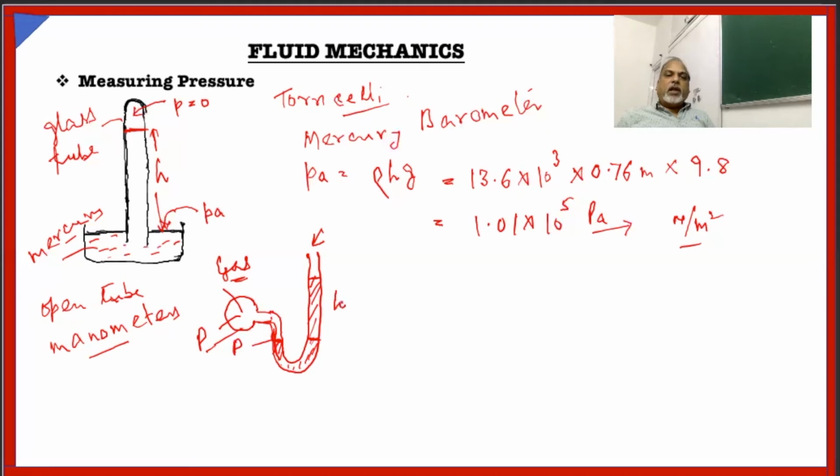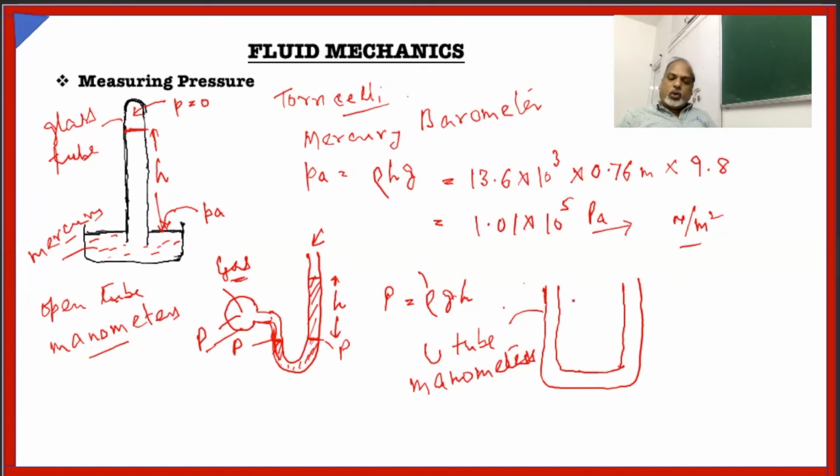And suppose this H height is there, through which this liquid has risen. At this level P is here, and here again P, and this pressure P we can equate as rho g h, where rho is the density of the liquid in the open tube, g is usual, and h is the height through which this liquid has risen.